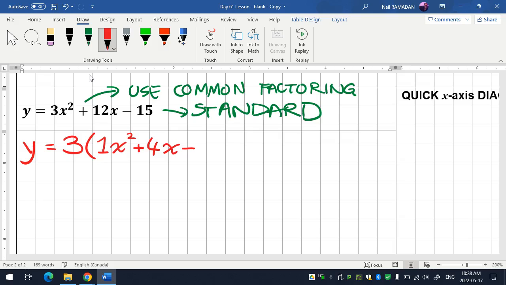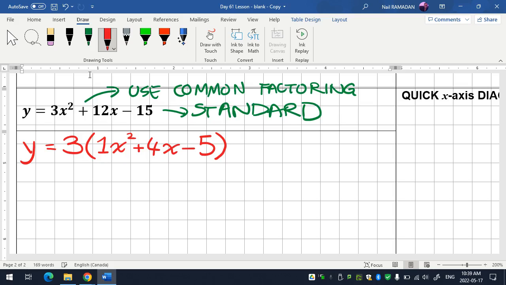What's 15 divided by 3? Negative. Yes, you're right. It's negative with a 5. Everyone, the 1 in the bracket now is a what? It starts with a 1. So what do you call the thing in the bracket now? Simple trinomial. Thank you.